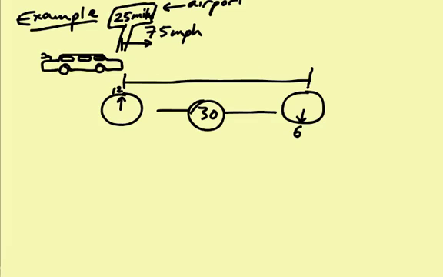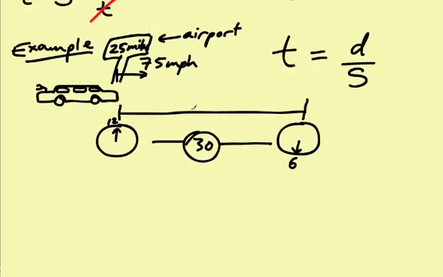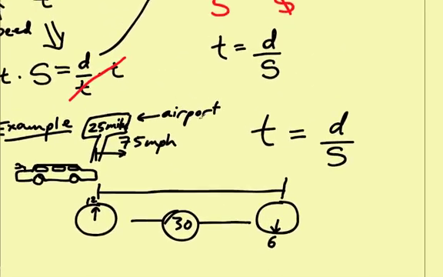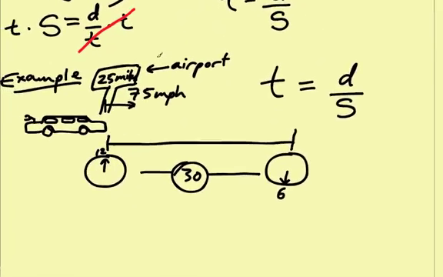So this is when we use the time formula to predict when we're getting somewhere. Okay, so I'm rewriting the time formula as time is equal to distance over speed. Just double checking. Okay, good, very good.